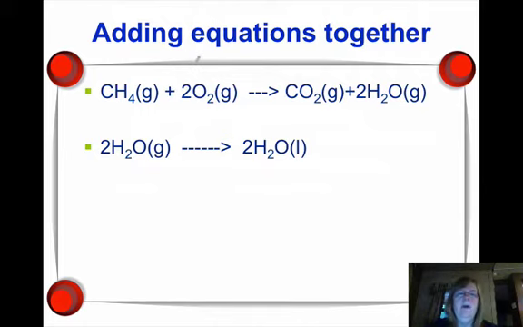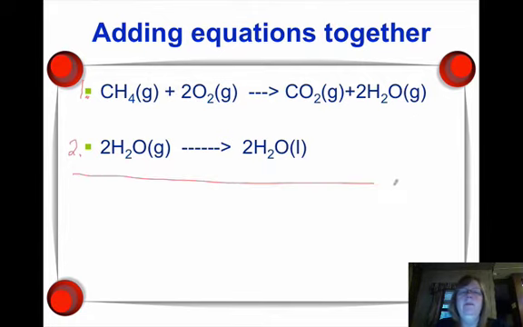So basically what we do is add all the reactants. Here we have two separate reactions. Here's the combustion of methane reaction, and the second one is the condensation reaction for water. They're two separate reactions, and we can add together all of the reactants from the two reactions.